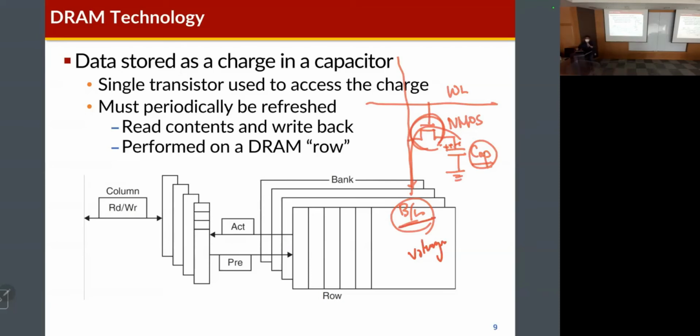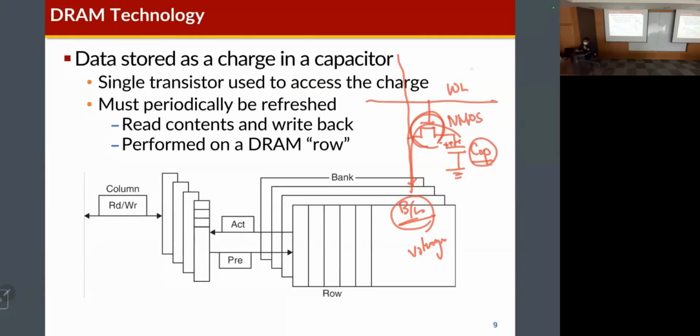It's kind of low-level technology for computer science students. So one DRAM cell requires one NMOS transistor and one capacitor, and in this one DRAM cell, we can store 1 bit of data. The word line is activated by the address, and then the processor can read the data from this DRAM cell.